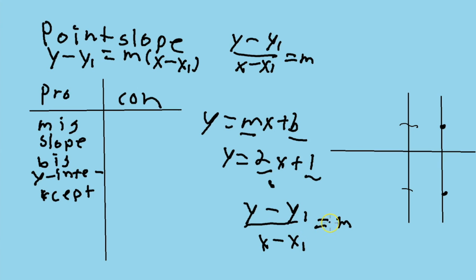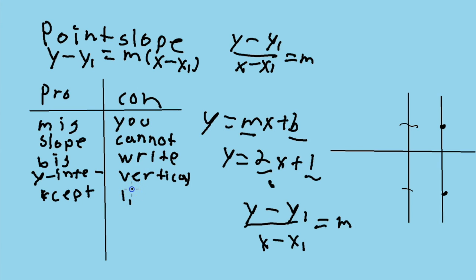And since the slope is undefined, this mx would not exist. So the con for slope-intercept is that you cannot write a vertical line.